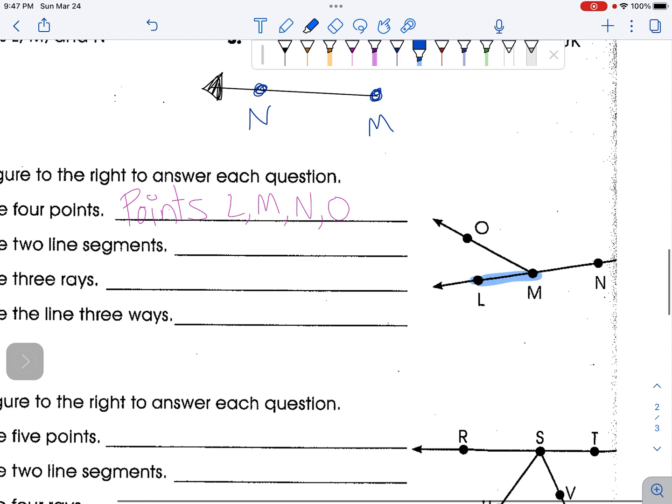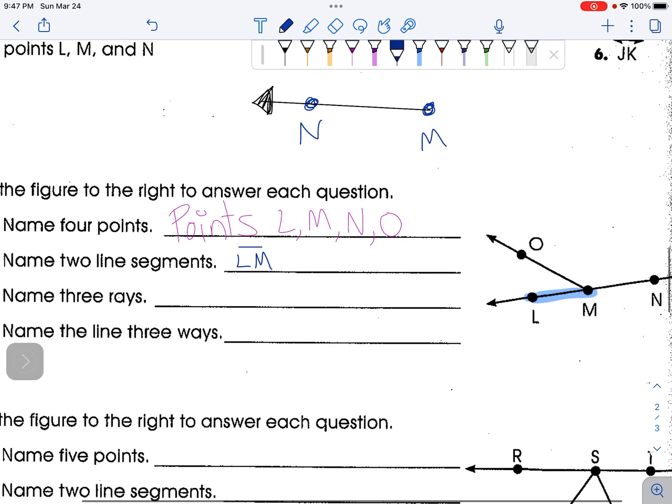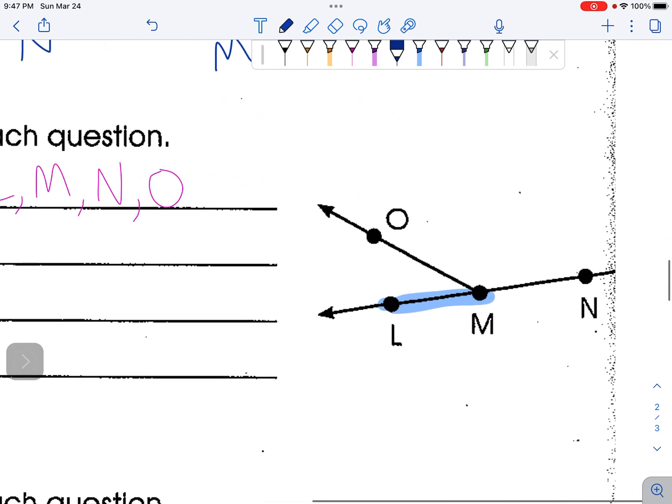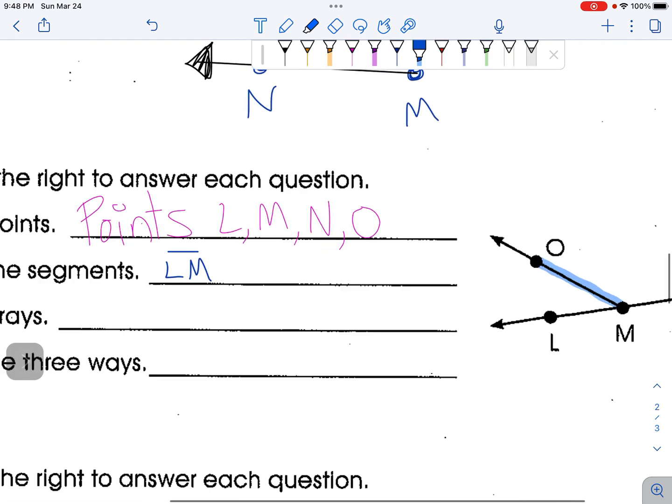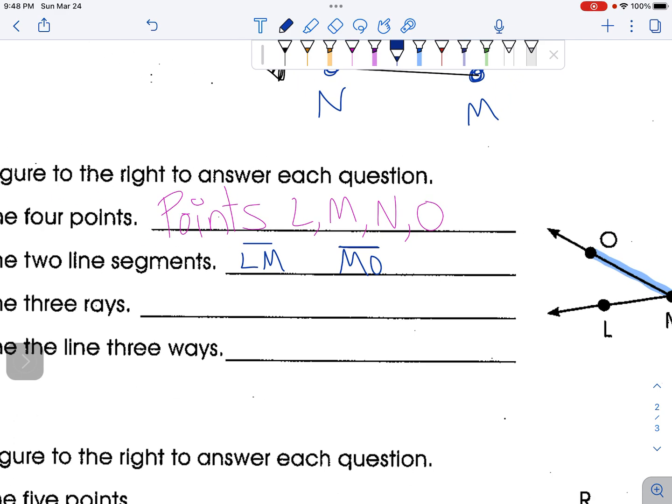So if I'm talking about just the space between L and M, then we would call that LM, and then a straight line right above them. No arrows. That would be a line segment. And so is this one, O to M. This time I'm going to call it MO. It doesn't really matter which order they go in. MO. There are 2 line segments.